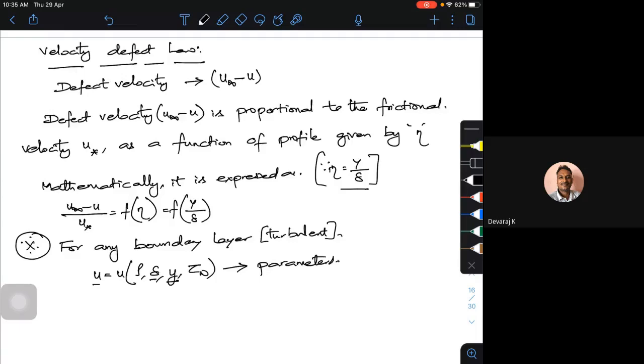This is very important when we are dealing with surfaces which have friction. Turbulence is mainly created by this kind of friction. If I have a very, very smooth surface, then the creation of eddies will get reduced.